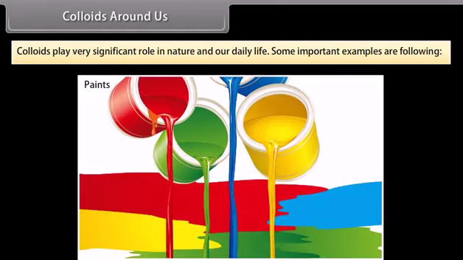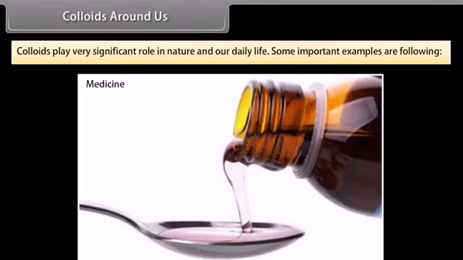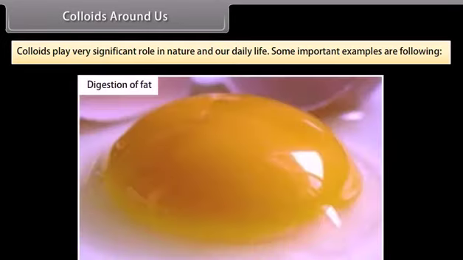All paints are colloidal dispersions of solid pigments in a liquid medium. Medicines. Many medicines are colloidal in nature. The medicines in colloidal form are easily absorbed by body tissues and are more effective. Digestion of fats. The digestion of fats is aided by emulsification.